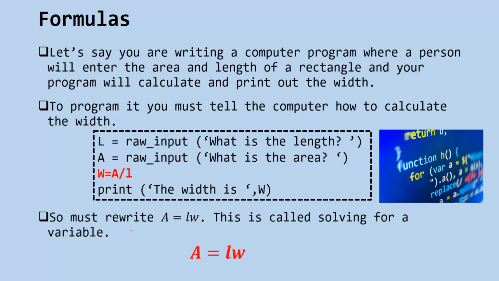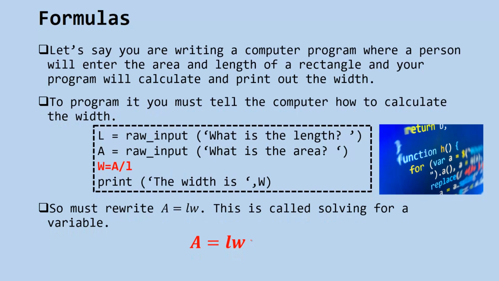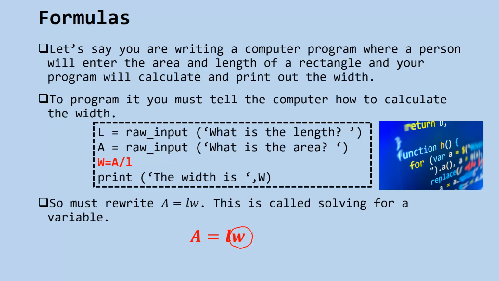So that means we're going to rewrite the original formula, area equals length times width. We call this solving for a variable, and we're going to set it so we get W by itself. So, using our general algebra rules, we want to get W by itself. Now, anything being multiplied by the letter we want to keep, we're going to divide by.